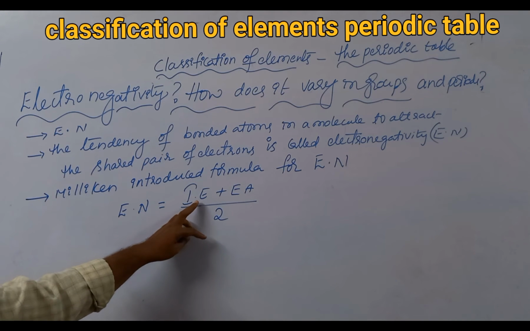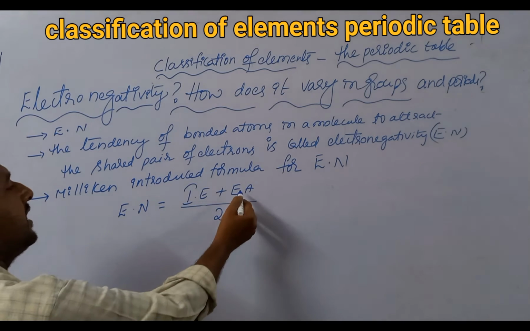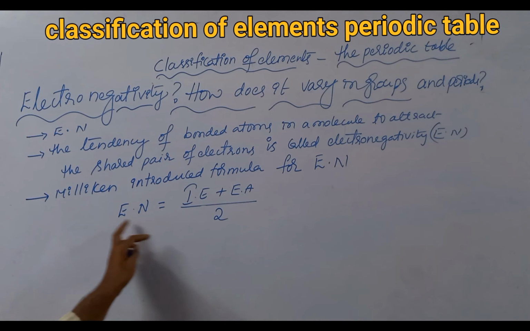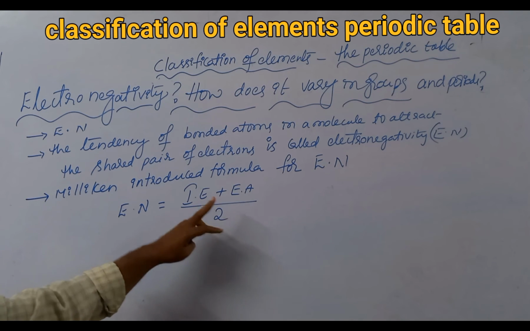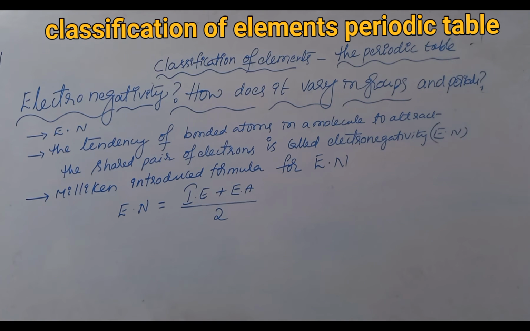IE means ionization energy, EA means electron affinity, En means electronegativity. So the formula proposed by Millikan is En = (IE + EA)/2. That is, the arithmetic mean of ionization energy and electron affinity is electronegativity.